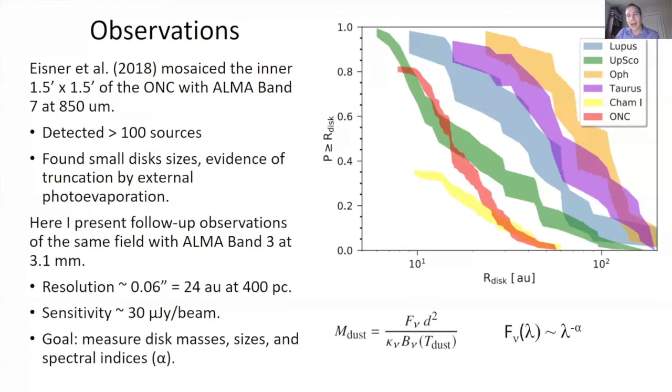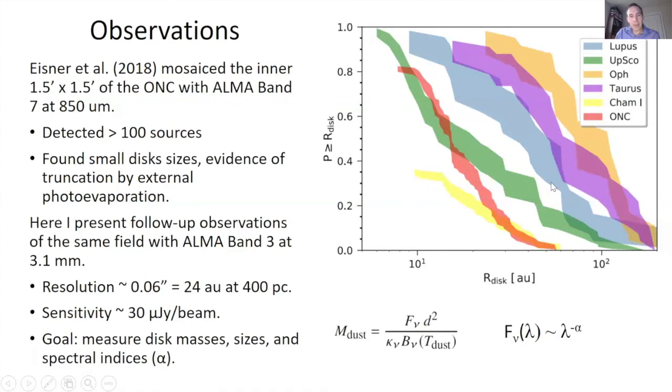You can see that on the cumulative distribution to the right here, where the ONC disk sizes are shown in red, and you can see the distribution has shifted towards smaller disk sizes compared to disks seen in lower mass star forming regions. And so that was taken as evidence that they are being truncated by external photoevaporation.